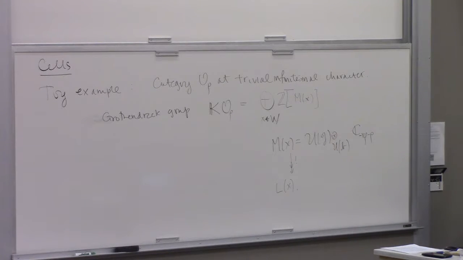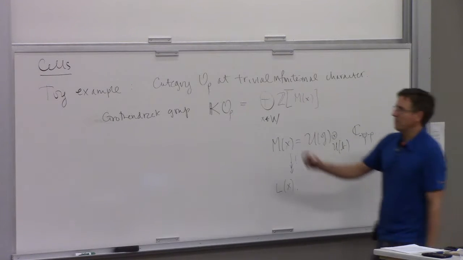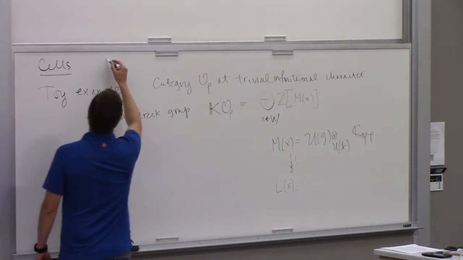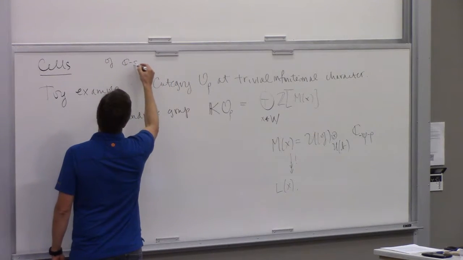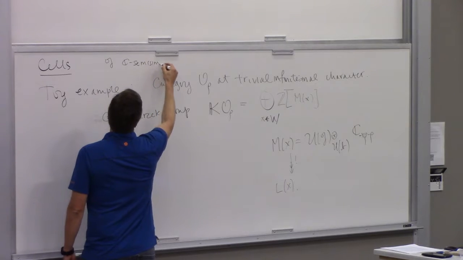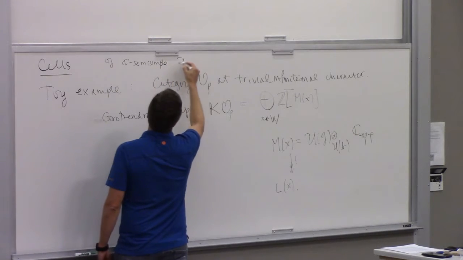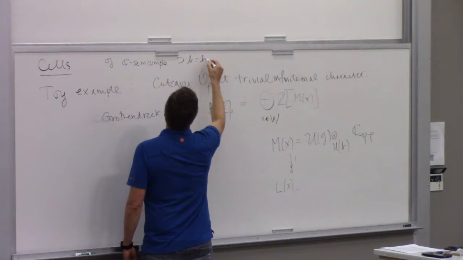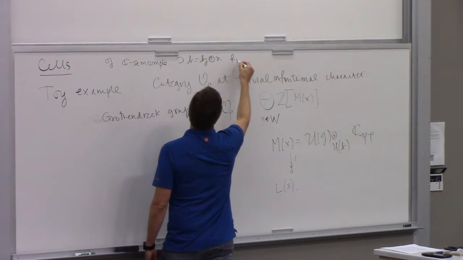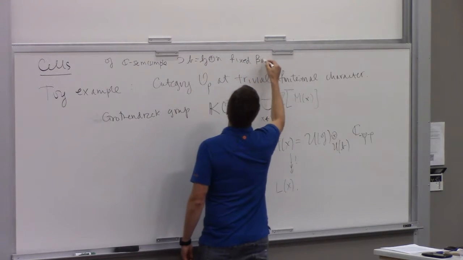Okay, so I should have been a little bit more clear about what the setting was. So G is complex semi-simple. So for this example, B, H plus N, is some fixed Borel sub-algebra.